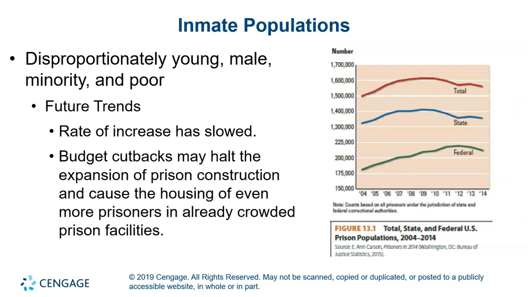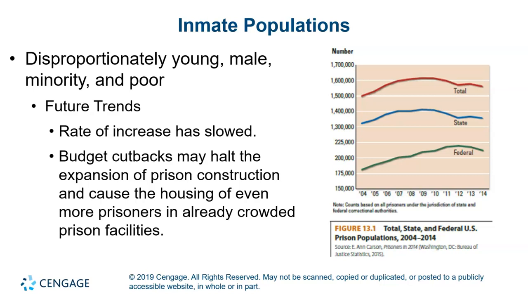Okay, well, what about inmate populations? We've talked about different types of prison systems and some alternatives to correctional institutions, but what about the actual individuals? So the backgrounds and characteristics of inmates reflect arrest data and are similar to those of the jail population.